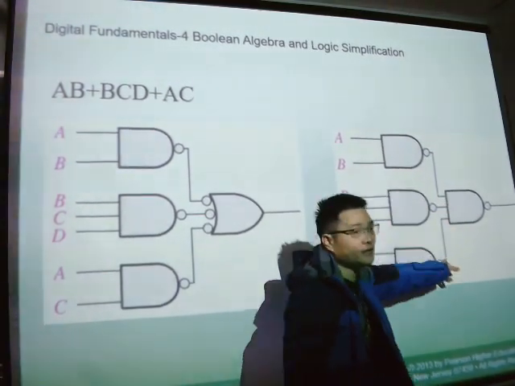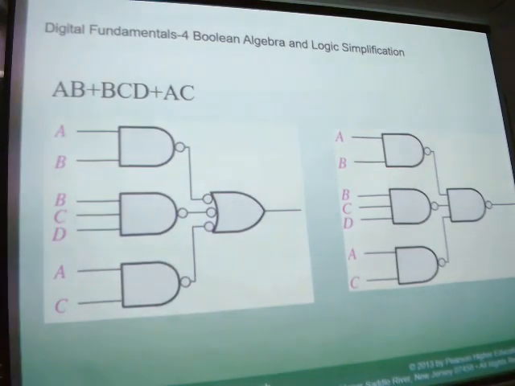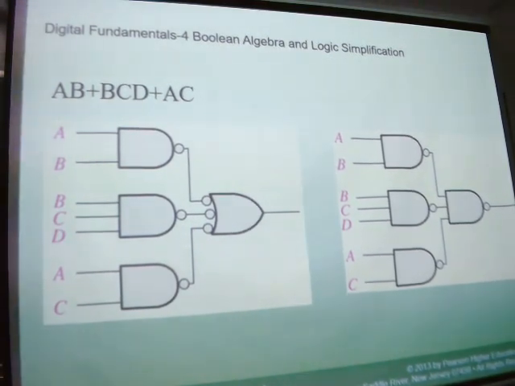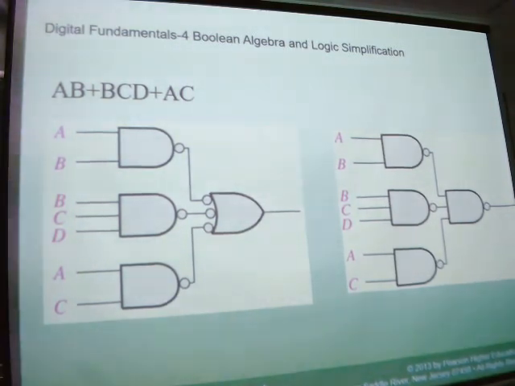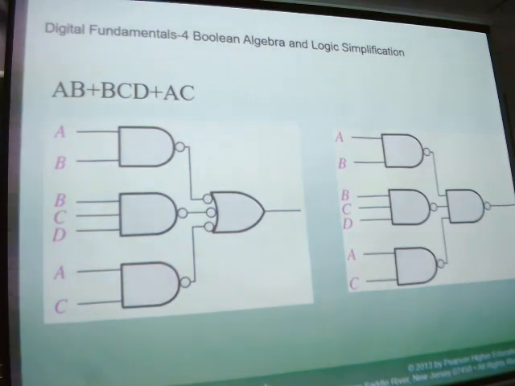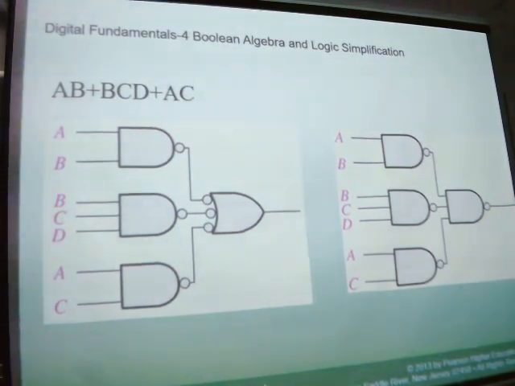NAND gates. So we know NAND gates are AND gates with inversion, right? Like this. According to De Morgan's law, it is equivalent to AB double bar plus BCD double bar plus AC double bar, so AB plus BCD plus AC.